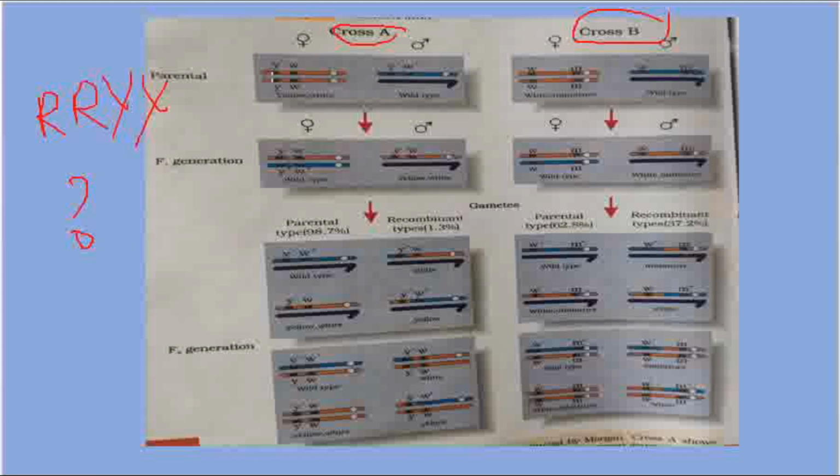So here you can see that now we saw some characters that resulted in low recombination. So that yellow and white, this is wild type, that is the red-eyed fruit fly chromosomes they have shown here. They have given the genes as Y plus and W plus, small y plus and W plus, and here small y W. Yellow and white they have given, that's the parental female and the male.